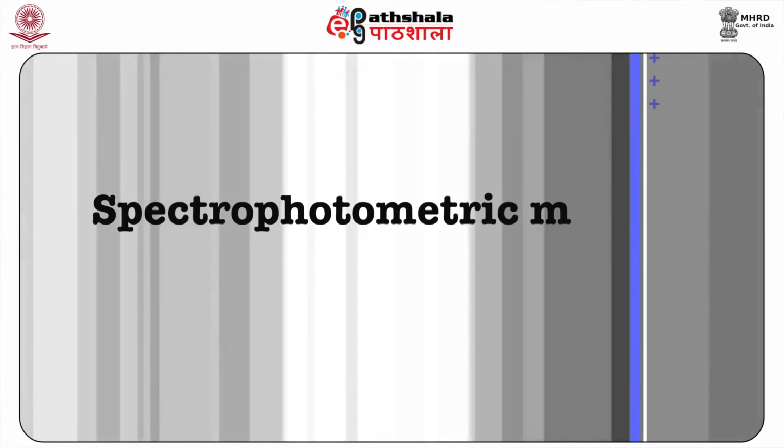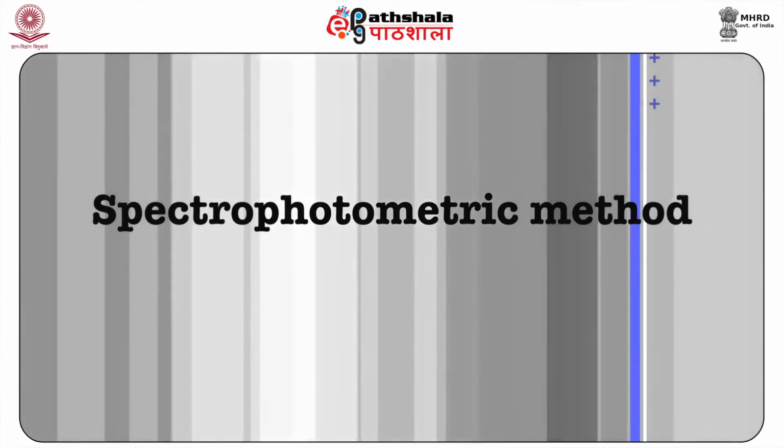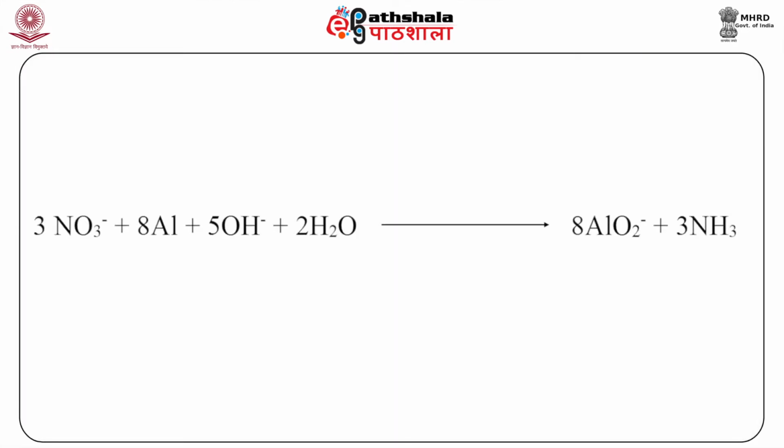If we talk about the spectrophotometric method, here the nitrate and nitrite are reduced to ammonia by Devarda's alloy, which is 50% copper, 45% aluminium and 5% zinc, and this reduction is done in strongly alkaline solutions. The ammonia so obtained is then distilled into excess of acid, and it can be determined by the use of Nessler's reagent.